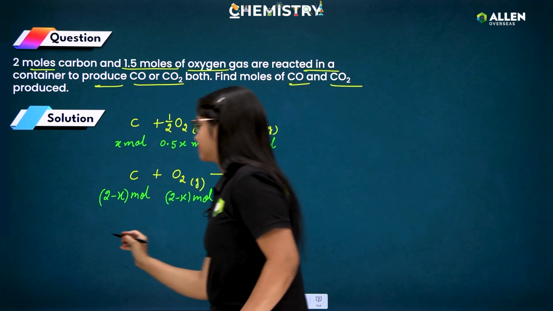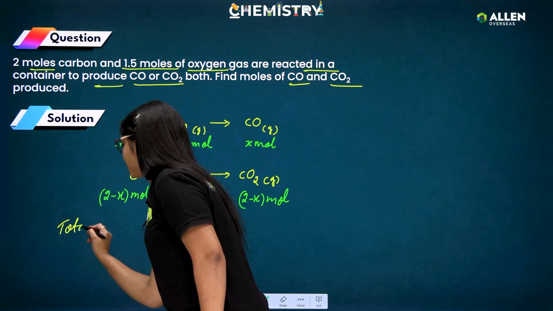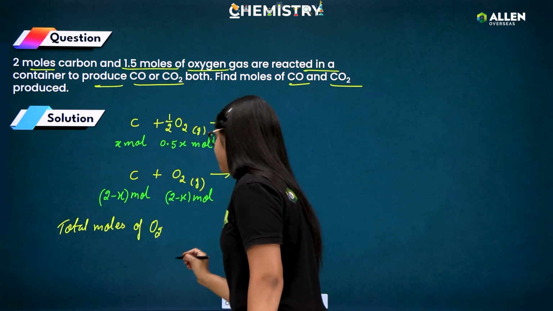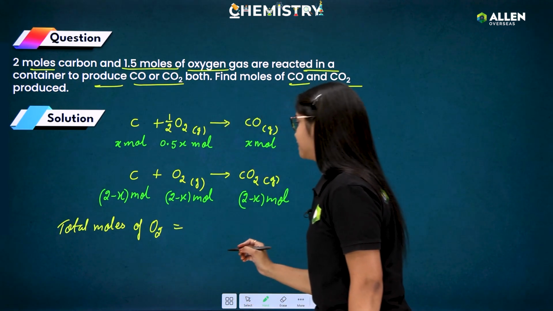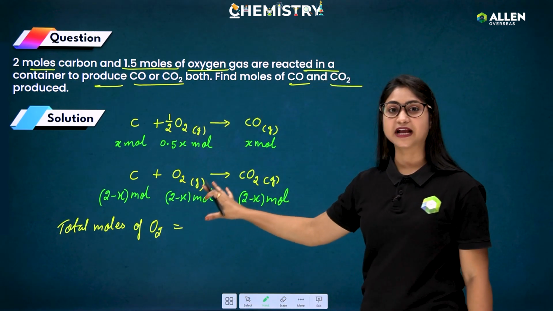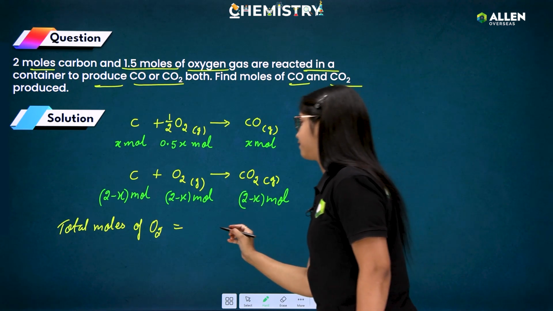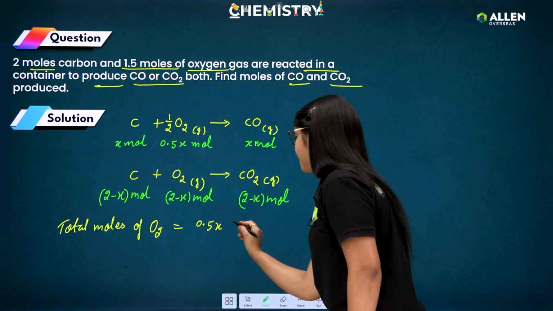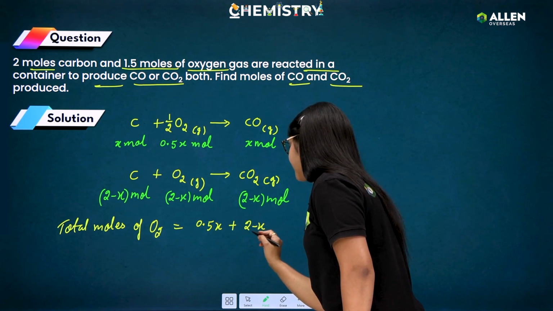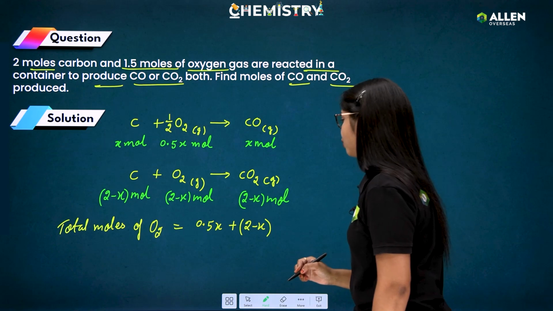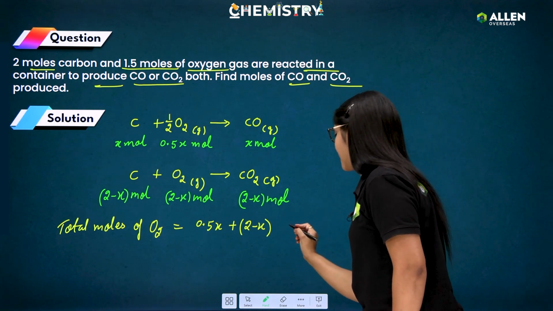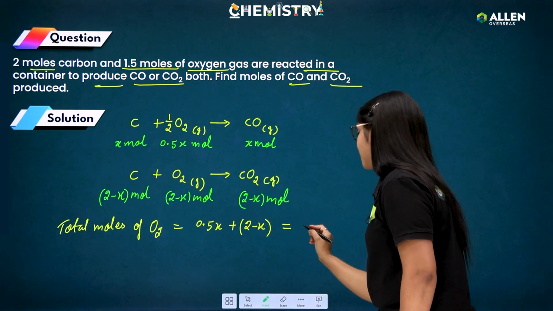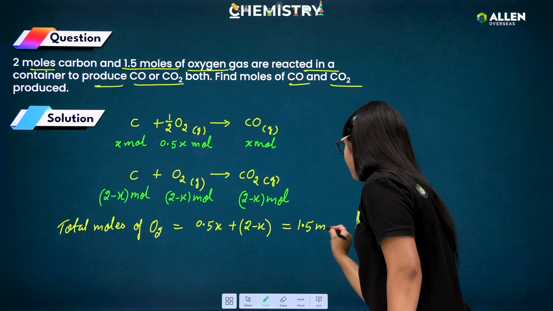So the total moles of oxygen consumed is, according to the reactions we have written, 0.5x mole of oxygen plus 2 minus x mole of oxygen, and this will be equal to the total moles of oxygen, 1.5 mole.